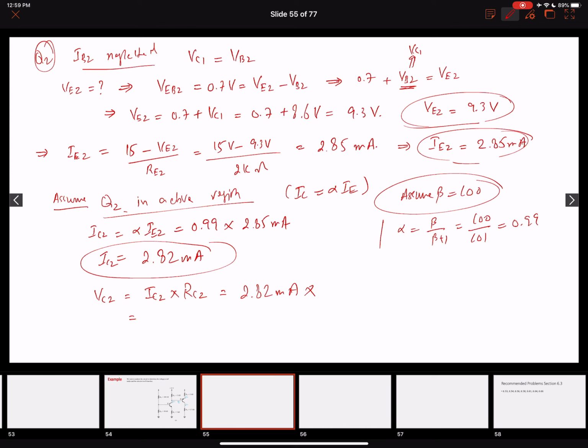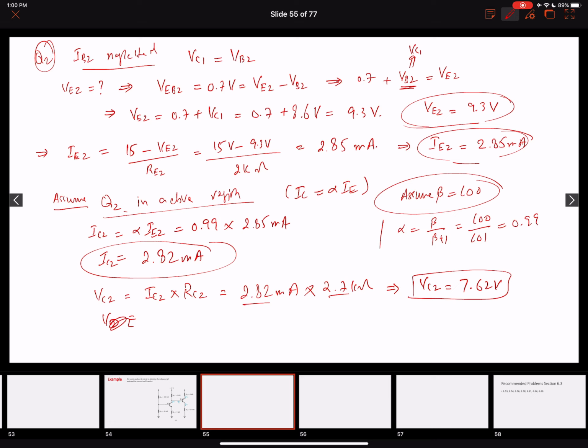RC2 is 2.7 kilo ohms. If you multiply 2.82 with 2.7, VC2 will be equal to 7.62 volts. So we ended up finding the value of the collector voltage for transistor 2.